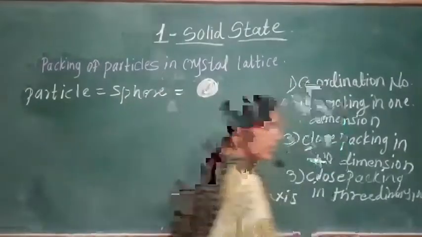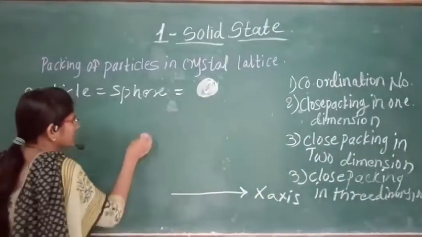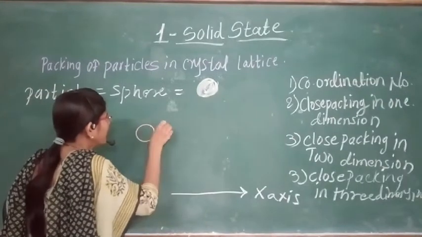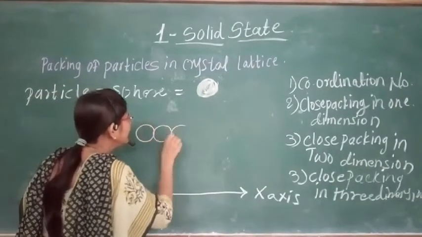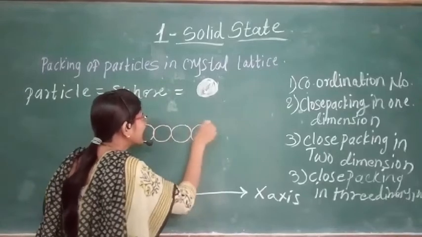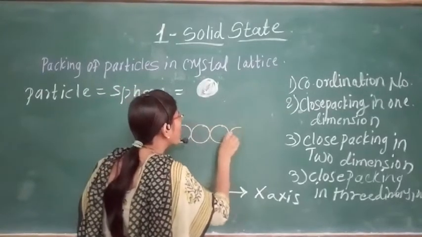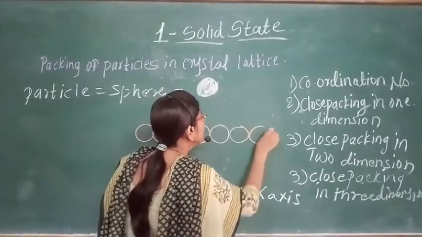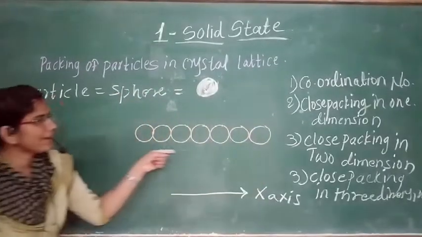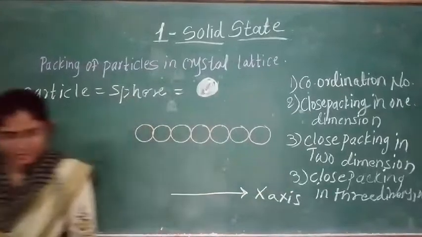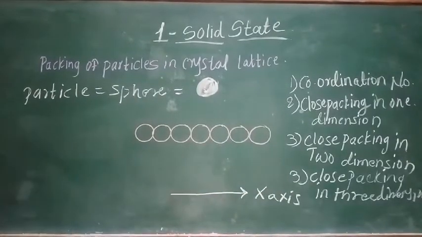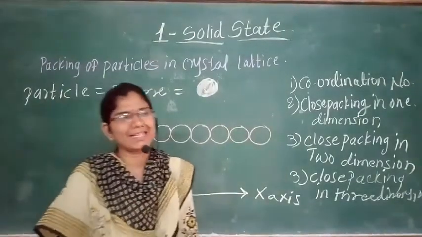So if we consider the one dimensional structure, then here we have spheres only in one dimension, and they are arranged only in a single row. This is the one dimensional structure. That means only along the x axis or y axis or z axis.